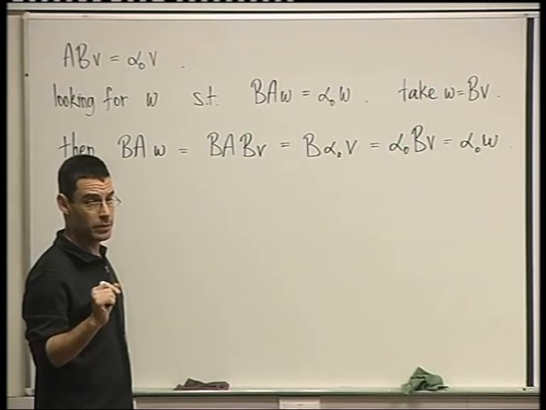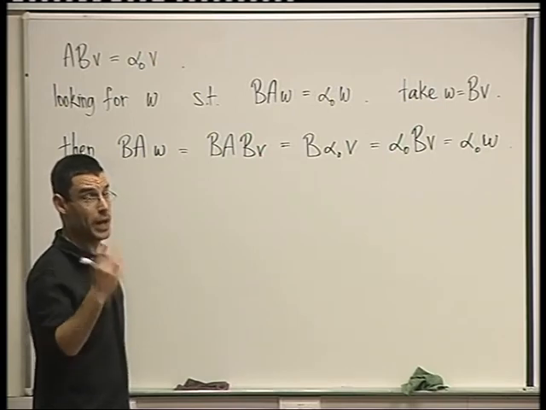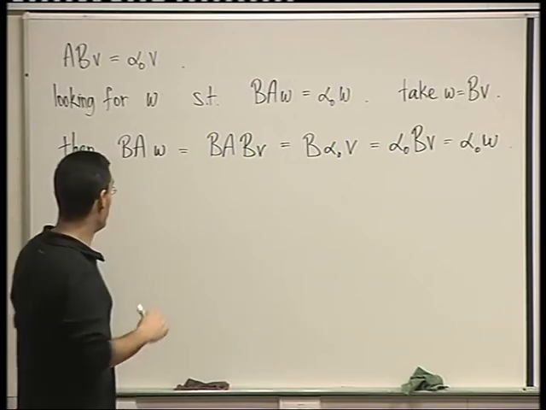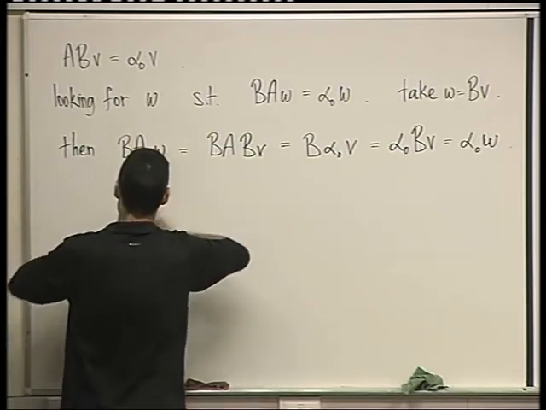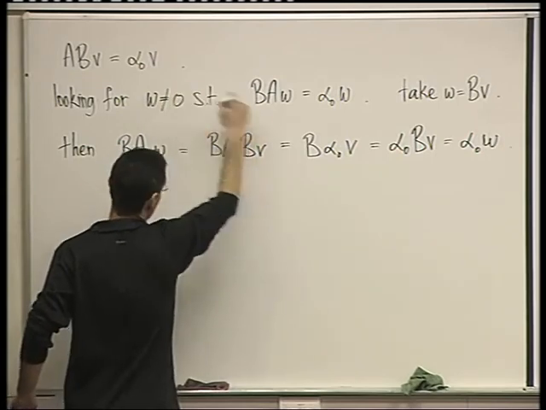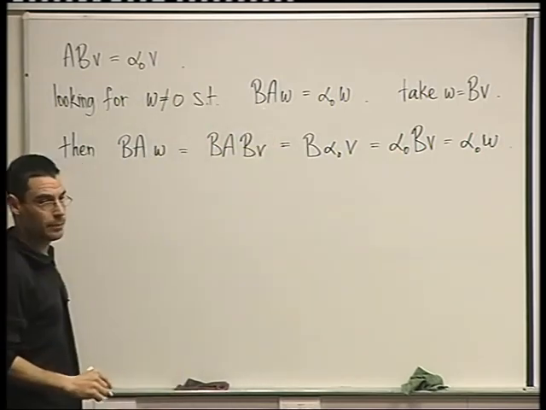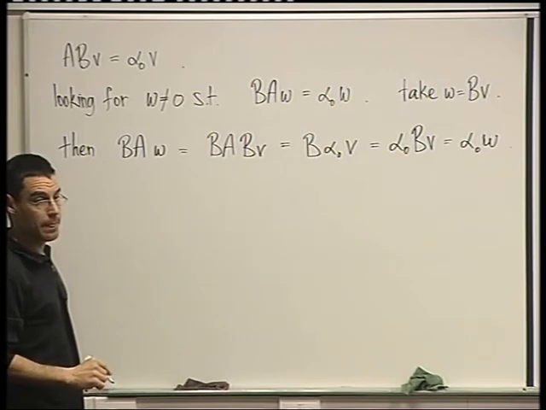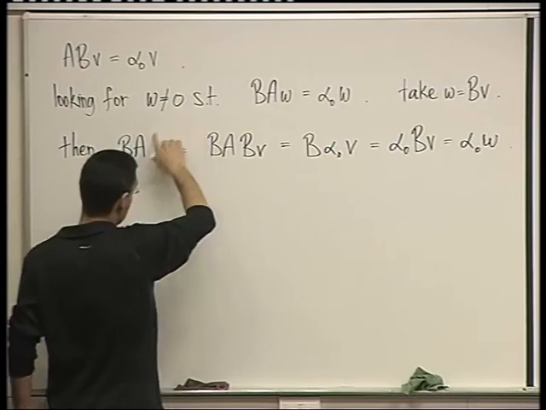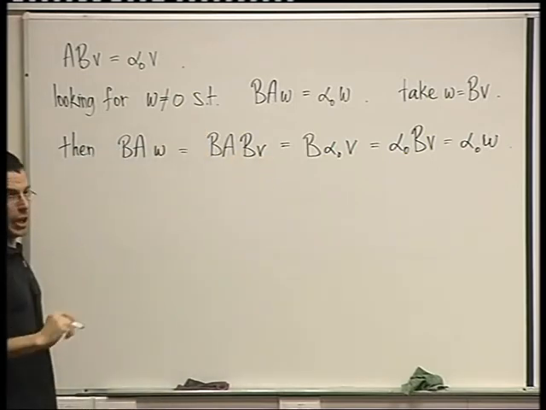But you're close. What cannot be 0? W. W, right? So we're looking for W which is not 0 such that this holds. Do you agree? Okay. So we have to show that what we found is indeed a non-zero vector.